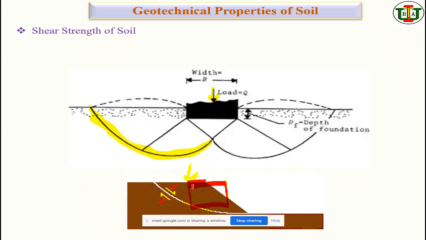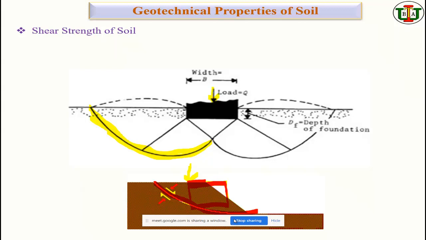So have a look. The soil is not going to fail like this, right? Soil is going to fail this way, like a flat sliding way. So soil is going to fail in a sliding way.